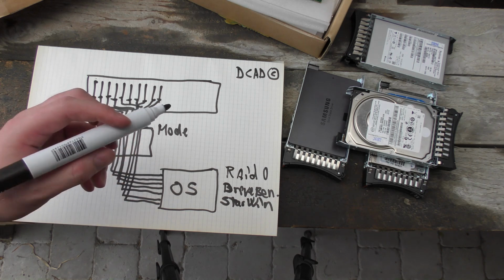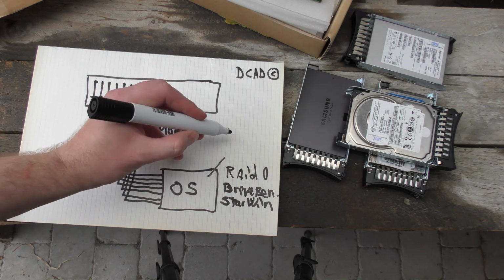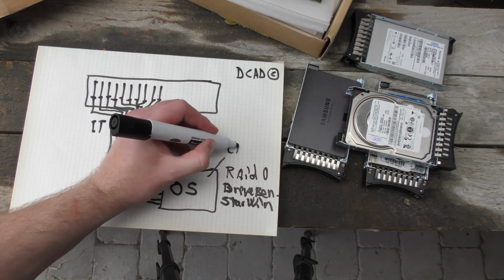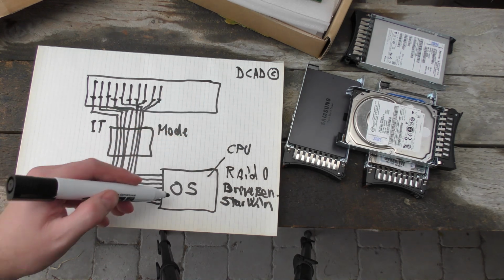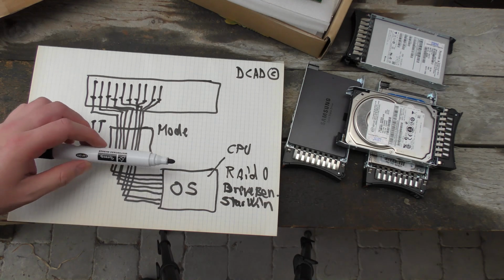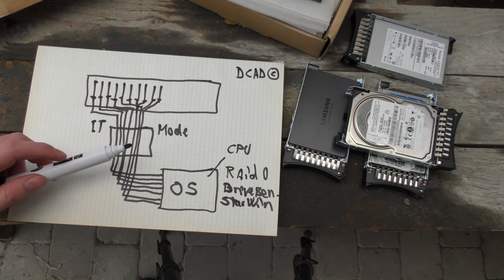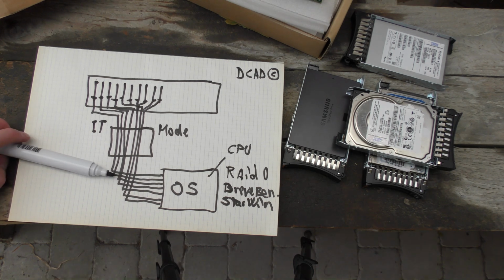And back in the time, this was not possible because, of course, it takes some CPU to handle the disk operations. Back in the day, when the CPUs were rather slow, it was not a good idea to have the CPU calculate RAID setups.